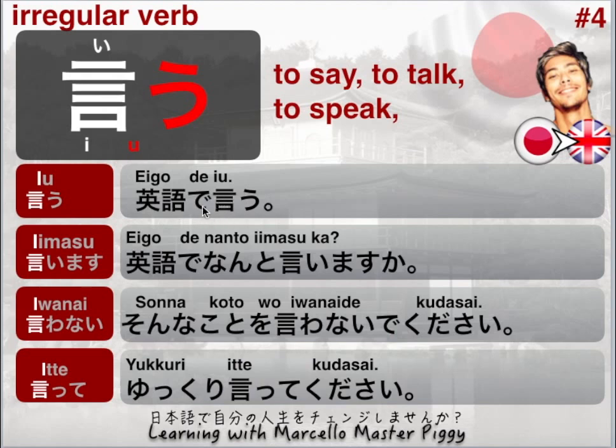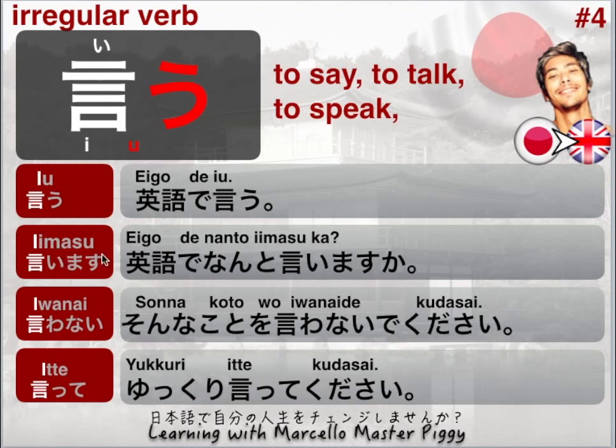So what's the difference between wo and de? Basically, they are the same, especially when you translate. But I want you to memorize that usually when we use de, it means a way of doing things, like how. So this is like the method. So, to say in English.